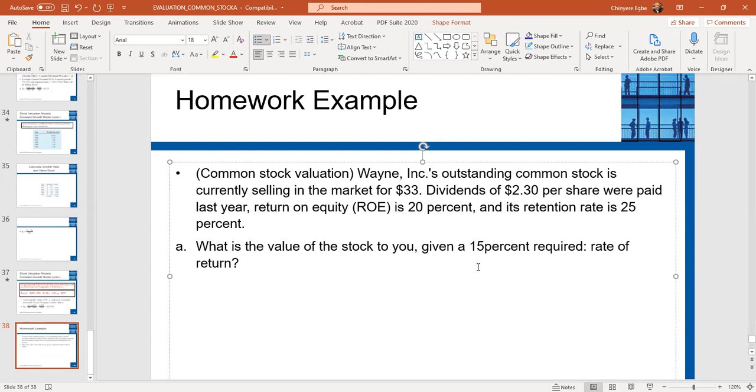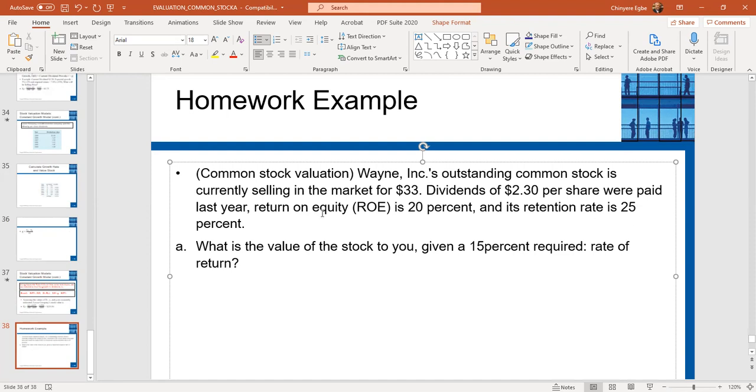If the company does not pay any dividend and the investment earned a 20% return, then the rate of growth will be 20% because the company has made profit that is equal to 20% of its equity. But in this case, the retention rate of the company is 25%.